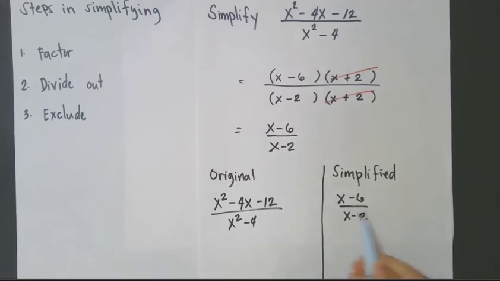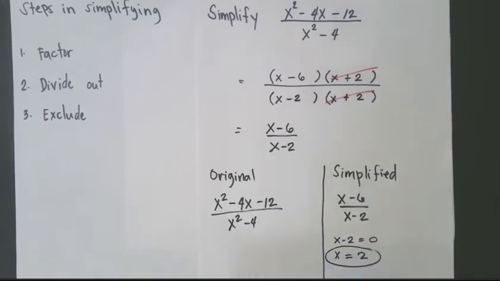So for the simplified one, we would write x minus 2, then just equate that to 0. Then you solve for x. So that will give us x equals positive 2. So for the simplified, the excluded value is positive 2.